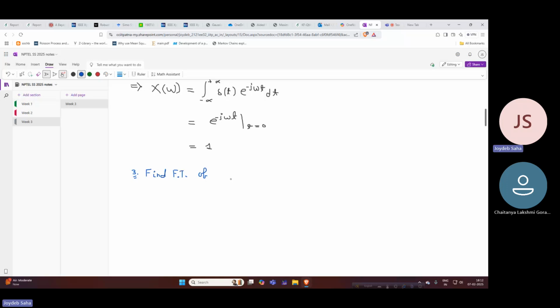We can directly write x(t) is equal to a rectangular pulse from minus a to plus a.